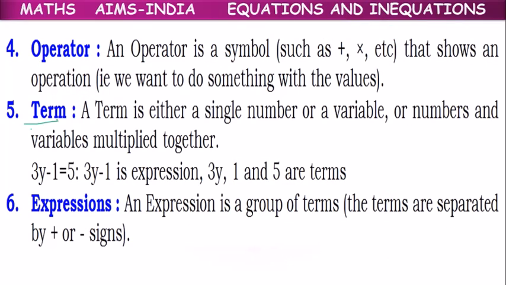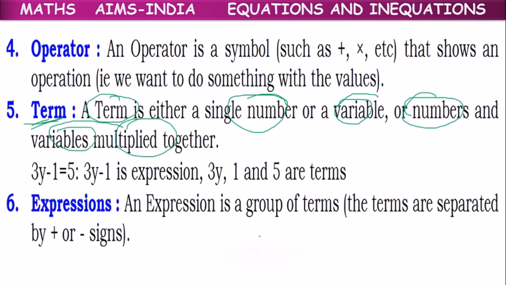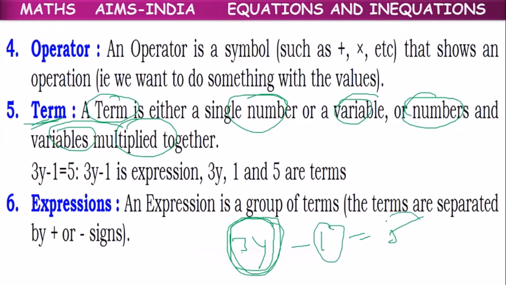Next one, term. A term is either a single number or a variable or numbers and variables multiplied together. So in 3y minus 1 equals 5, this 3y, a combination of variable and coefficient, is a term. 1 is a term, 5 is a term.